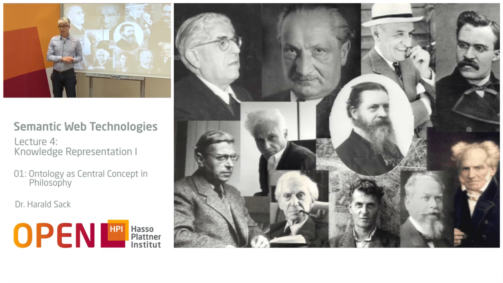Up to today, there were many philosophers dealing with the question, what is real in the world and how can the world be structured? Maybe you are familiar with some of the faces here. Maybe you will recognize Friedrich Nietzsche or Arthur Schopenhauer, Ludwig Wittgenstein, Bertrand Russell, or also, for example, Ortega y Gasset, who is also there, or Jean-Paul Sartre.